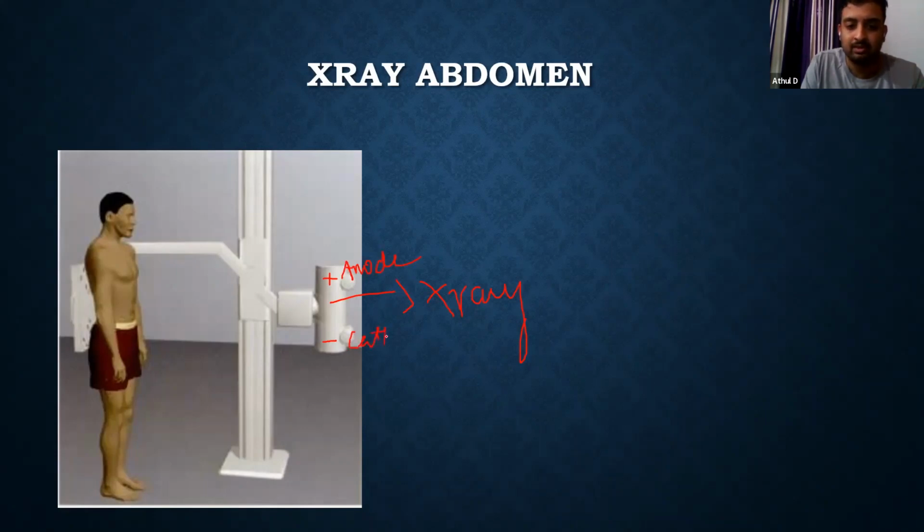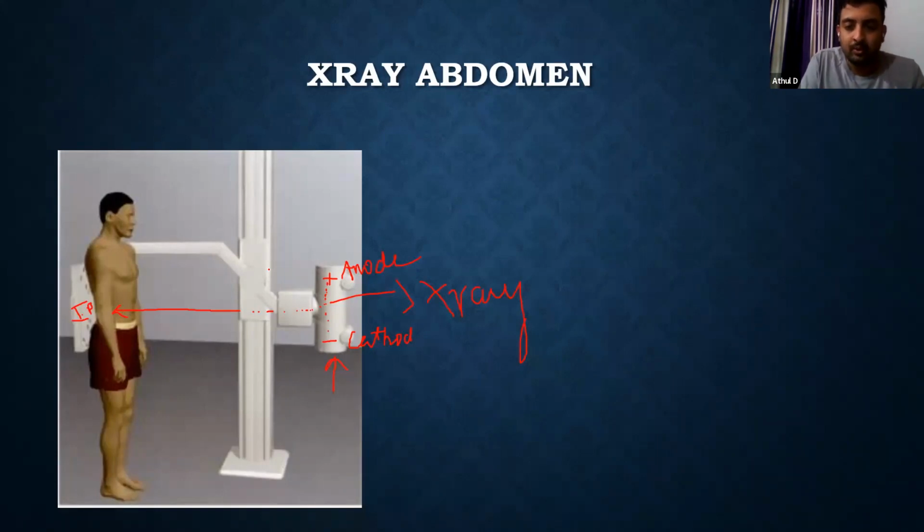When we give electricity, the electrons from the cathode will go into the anode, and that will produce X-rays. These X-rays will go into the patient, penetrate the patient, and fall on the imaging plate. So this is the imaging plate, and that is how you will get an X-ray. So this is how an X-ray is taken.